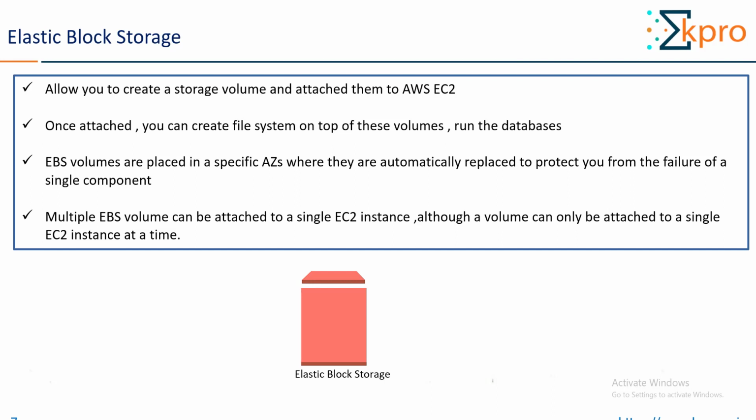The beauty of it is, if apart from the root volume you have attached, suppose, two 100 terabyte EBS volumes and stored user data, and tomorrow you feel my application is not good with this compute capacity, I want to upgrade to a higher compute capacity that needs higher RAM and so on, then you just have to launch a new EC2 instance and then dissociate this EBS volume and attach it to the new EC2 instance.